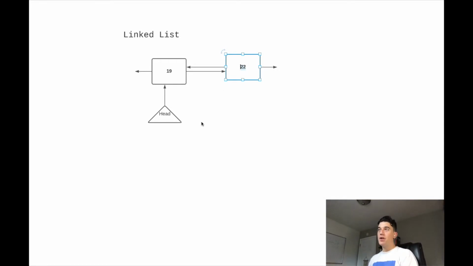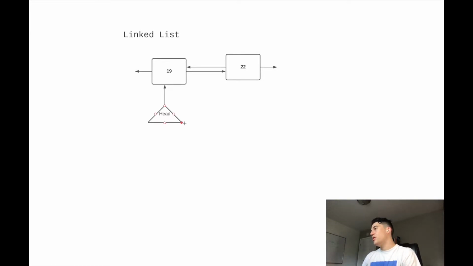And then the last operation I want to talk about is delete. So when you want to delete an element from a linked list, you first search for it based on its key. Then once you find that element in the list, in the same way we manipulated the pointers when inserting a node, we're going to do the same exact thing when removing a node.